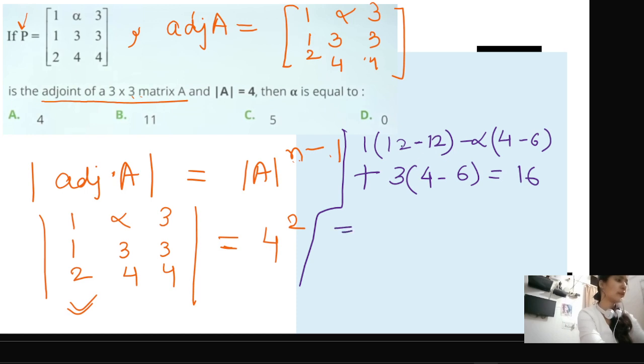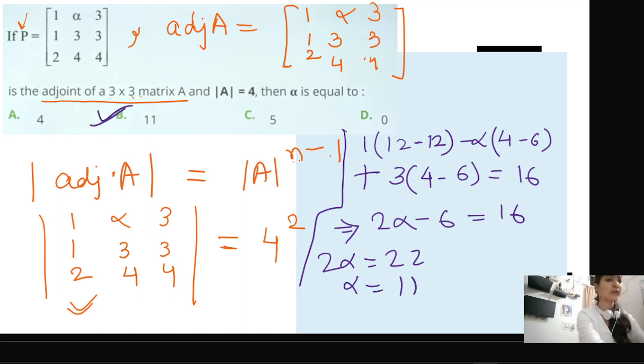So from here this one will become 0, and here we are getting plus 2 alpha, and here we are getting minus 6 is equal to 16. So from here we are getting 2 alpha is equal to 22 and alpha is equal to 11. So option B is the correct answer.